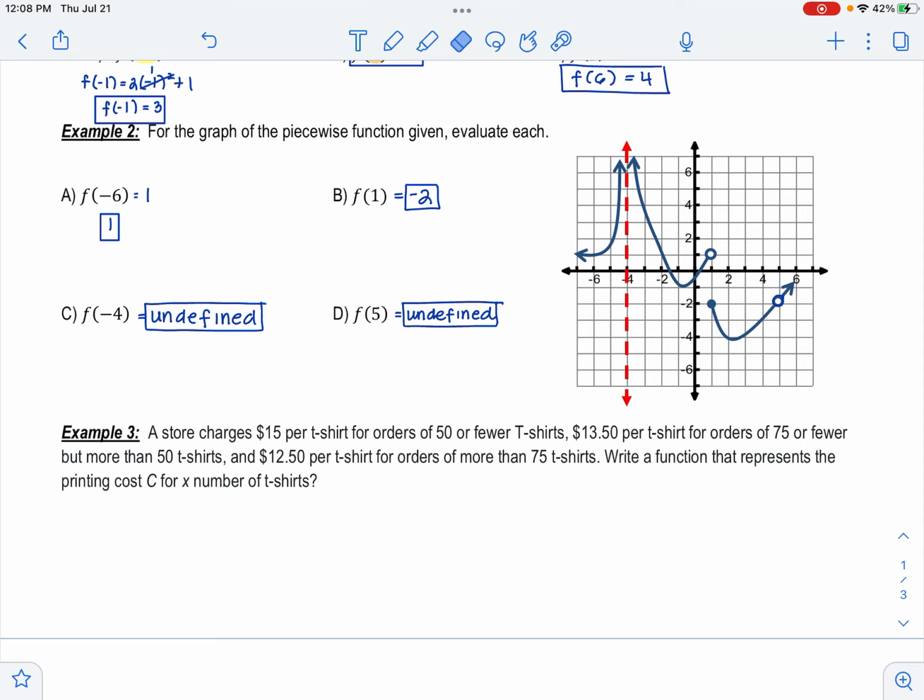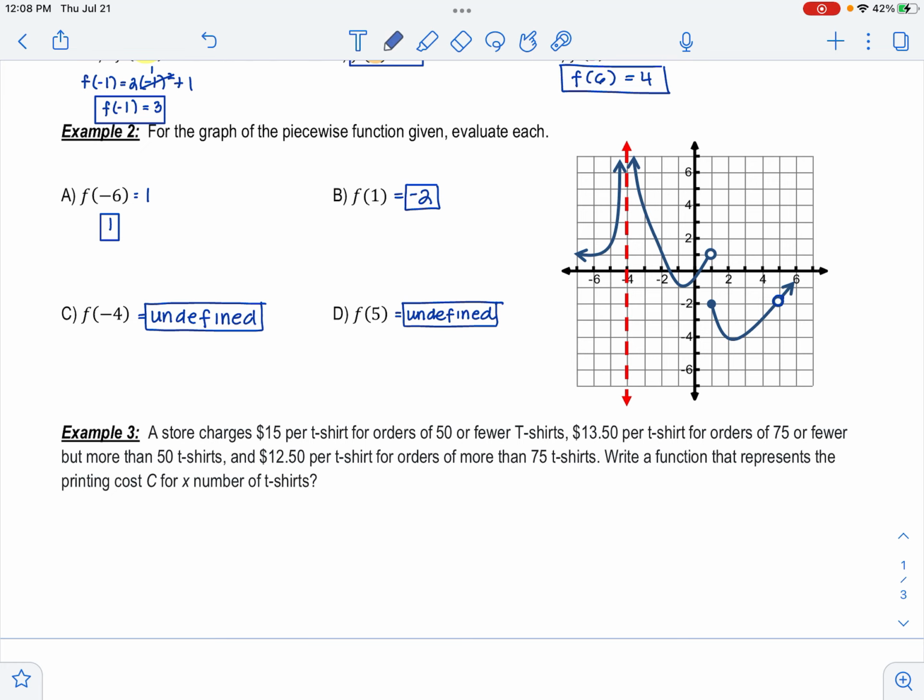Write a function, which is going to be piecewise because there are 3 situations, that represents the cost, C, for x number of t-shirts. So instead of using x input, y output, we're using x input, C of x output.